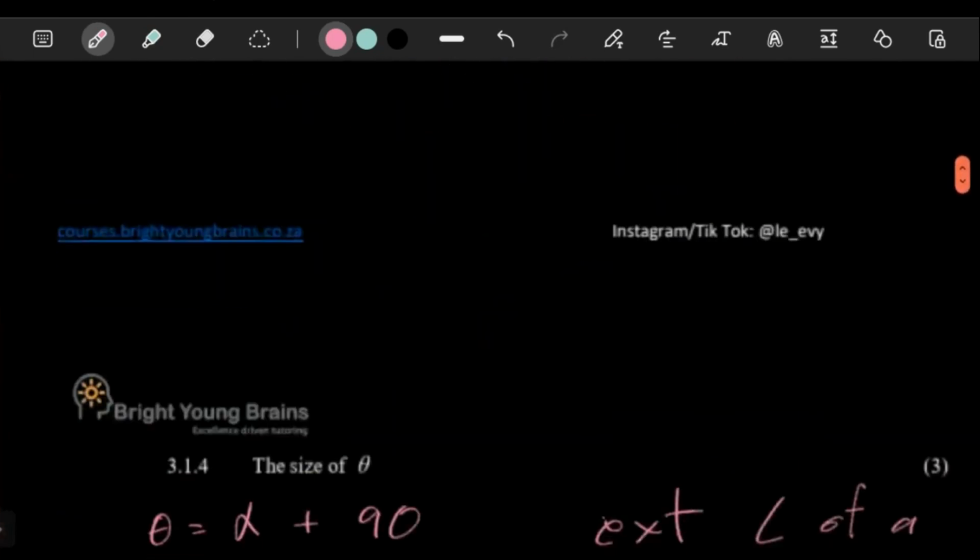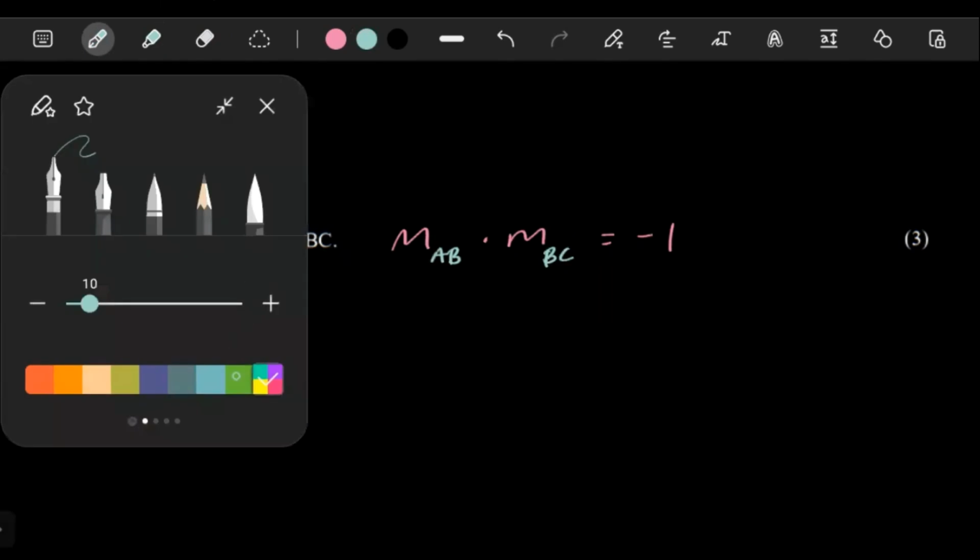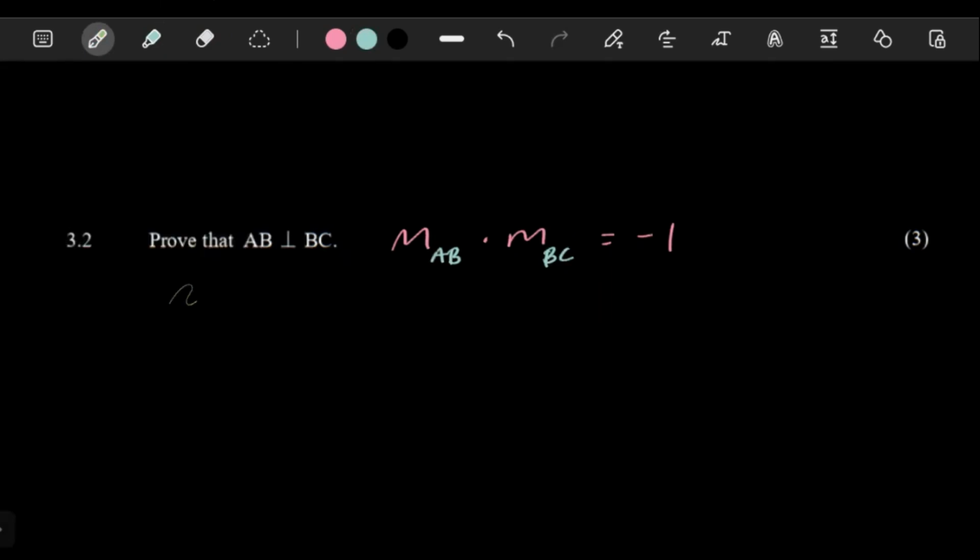If you're going to prove that lines are perpendicular, you need to prove that the gradient of the one line multiplied by the gradient of the other line is equal to -1. In this case, we're using the gradient of AB and the gradient of BC. The gradient of AB we already have; it's a positive half.